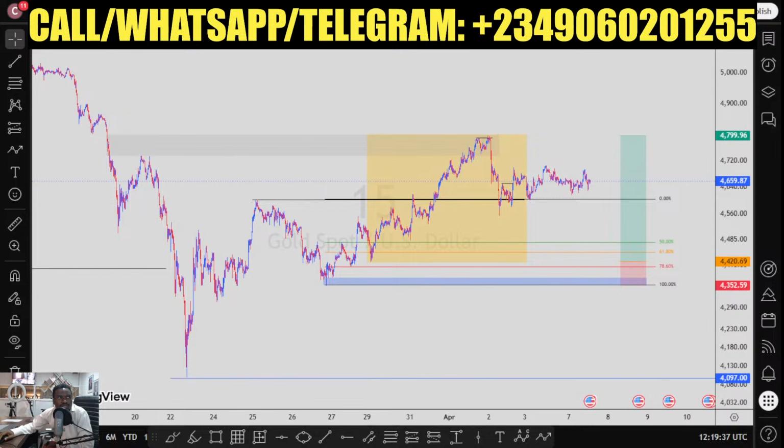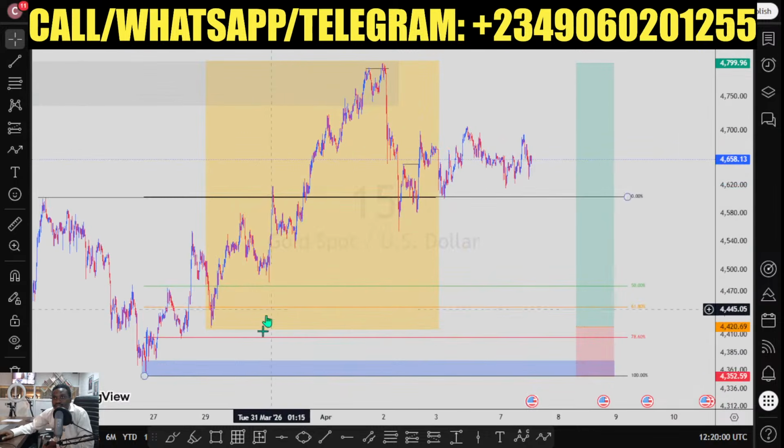For now, there's nothing realistic on gold, but if you still want to trade it, you have to take note of those levels we constructed. Those are the possible points of interest. That is the level of 4,380.